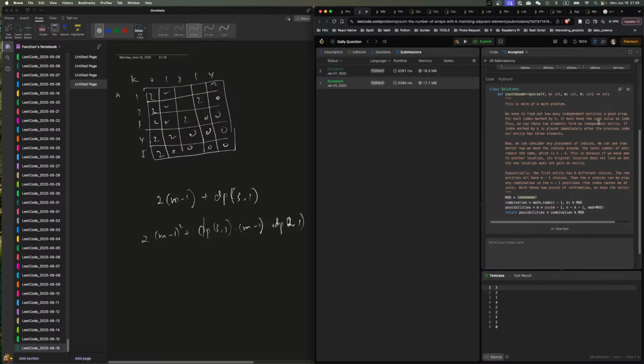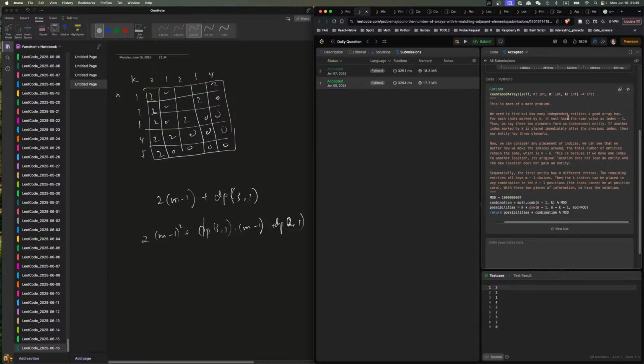How many independent entities a good array for each index marked by k must have the same value as index minus 1? Thus, find out how many independent entities a good array has. Two elements form an independent entity. If another index marked by k is placed immediately after the previous index, then our entity has three elements.